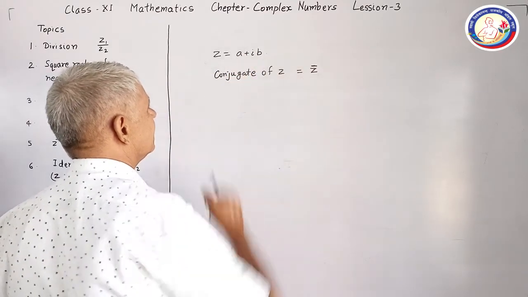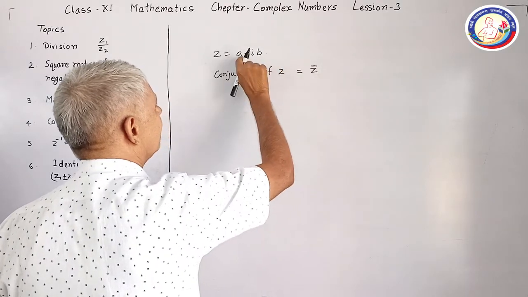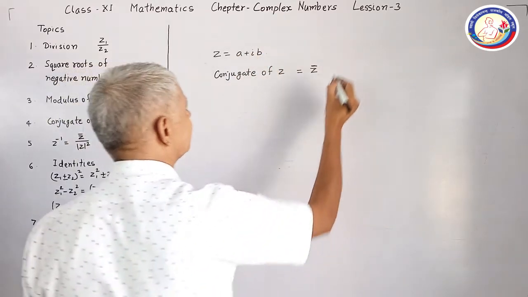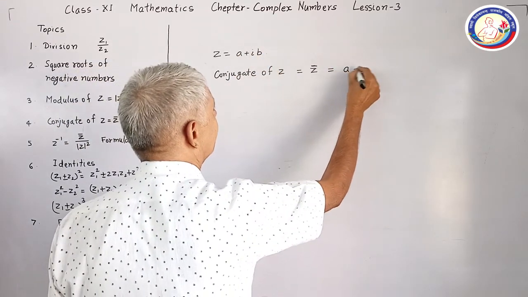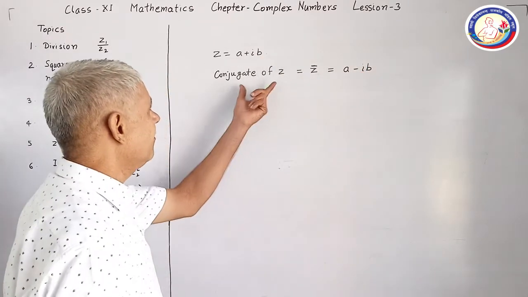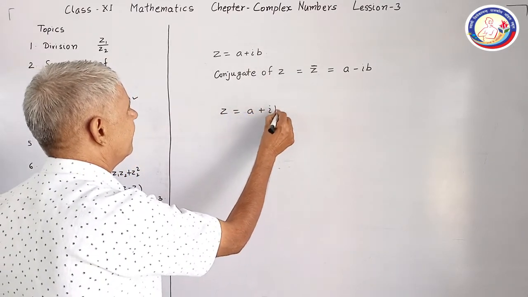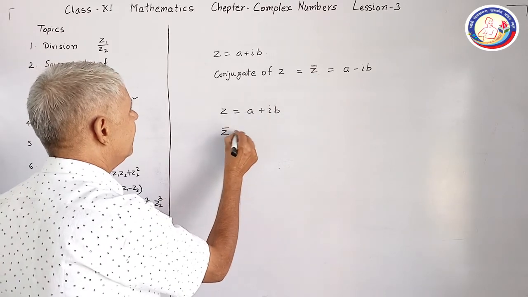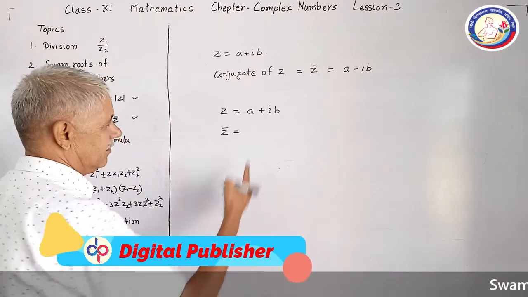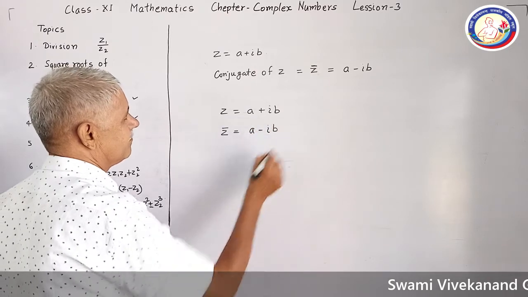This represents the conjugate of z. And what is the meaning of this? We change the sign of the imaginary part: b is replaced by minus b. So for any complex number z equal to a plus iota b, the conjugate of z will be denoted by this symbol and we write it as a minus iota b.